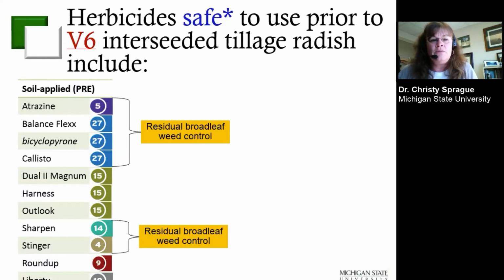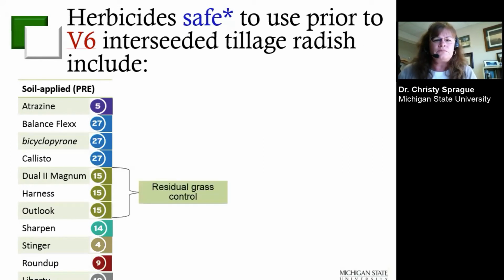So later on, we were able to use some of those. So again, just giving it enough time to break down. And again, this is for tillage radish, Sharpen and Stinger, and then Roundup and Liberty. And again, those group 15s, the Dual II Magnum, Harness, and Outlook will give us some residual grass control.